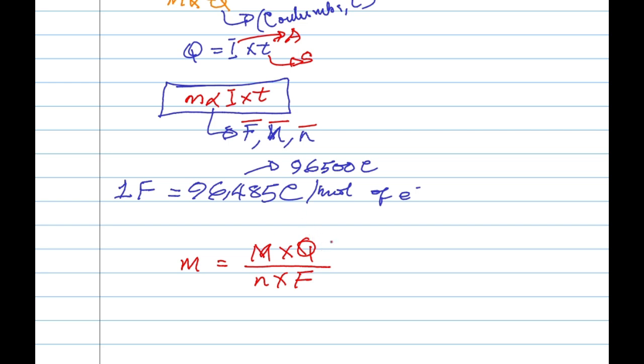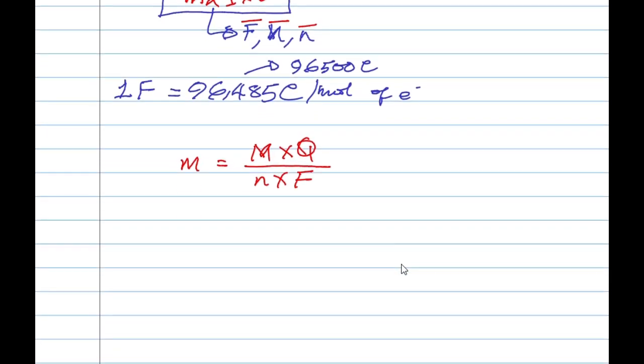Q is the quantity of electricity measured in coulombs, and n is the number of moles of electrons involved in the half reaction, that is, the electrons involved in the reaction at the electrode we are talking about, because the reaction at each electrode is a half reaction. We'll talk about that as we go. F represents the Faraday constant, which is 96,500 coulombs. Based on that, we can do some calculations.